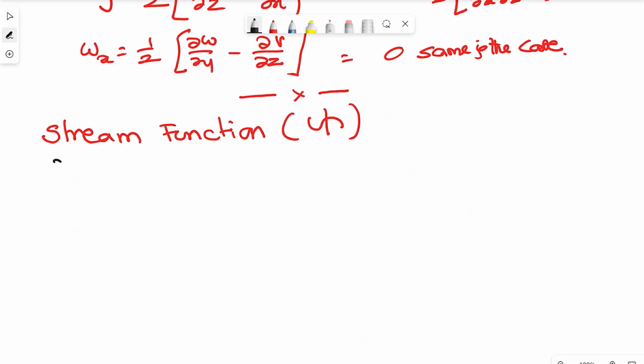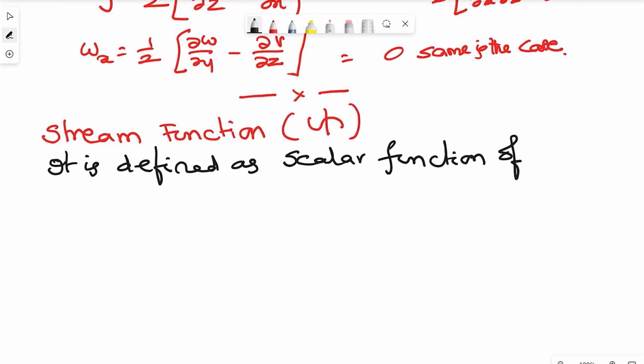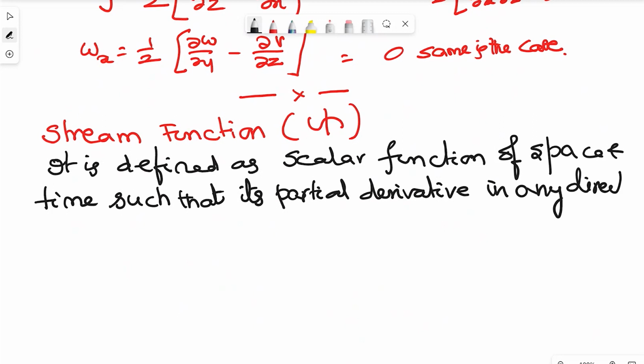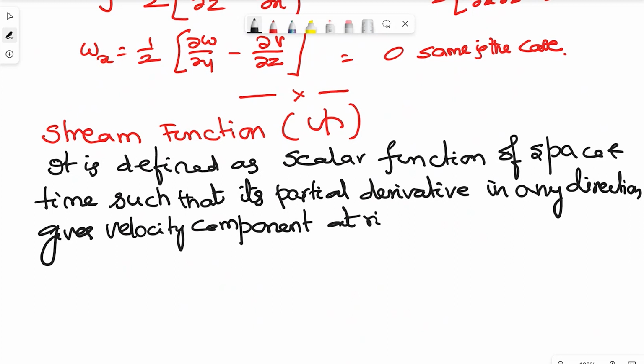It is defined as a scalar function of space and time such that its partial derivative in any direction gives the velocity component at right angles to it in the anti-clockwise direction.